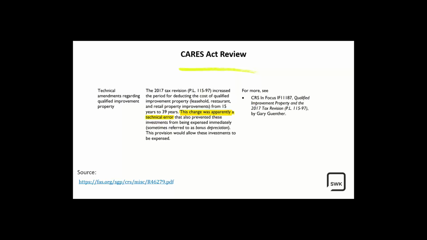And as you can see there at the bottom of that paragraph, it means now that they fixed this and brought us back down to be able to use a 15-year term for our MACRS depreciation method, now we can also take the 168 allowance on these assets.